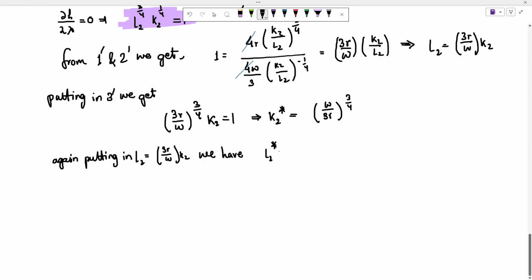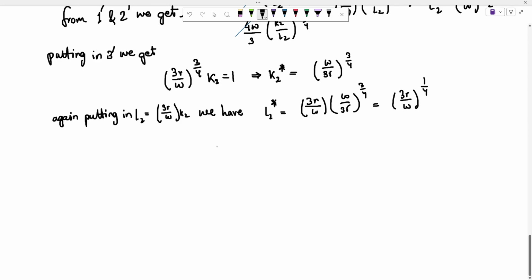L2 star equals 3R by omega by 3R to the power 3 by 4, which is 3R by omega to the power 1 by 4, right? So L2 star is 1 by 4.